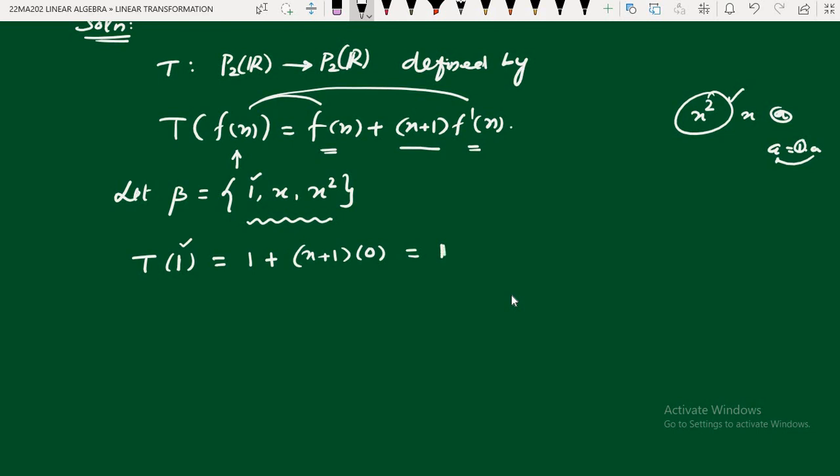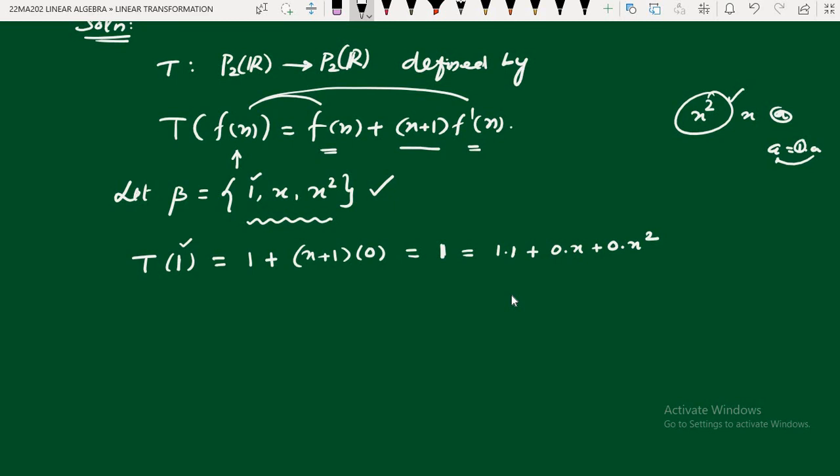Now we need to express this 1 as a linear combination of the second set basis. Here the second set is also P2 of R, and that basis is also 1, x, x square only. Therefore this 1 can be expressed as 1 into 1 plus, so here x and x square terms are missing, therefore we can include 0 into x, 0 into x square.